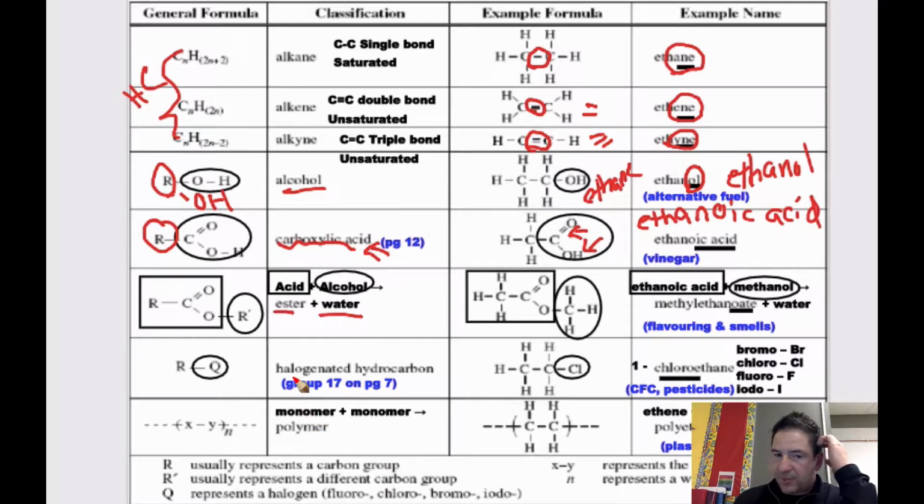You can see the structure of the ester right here. This has lost its H, and this one has lost its OH, and these are going to become H2O.